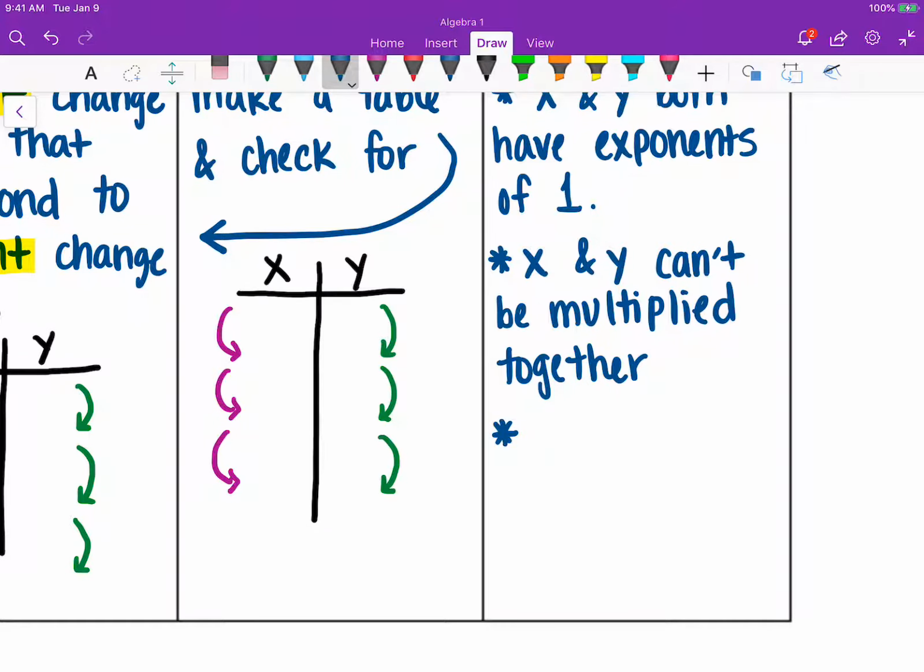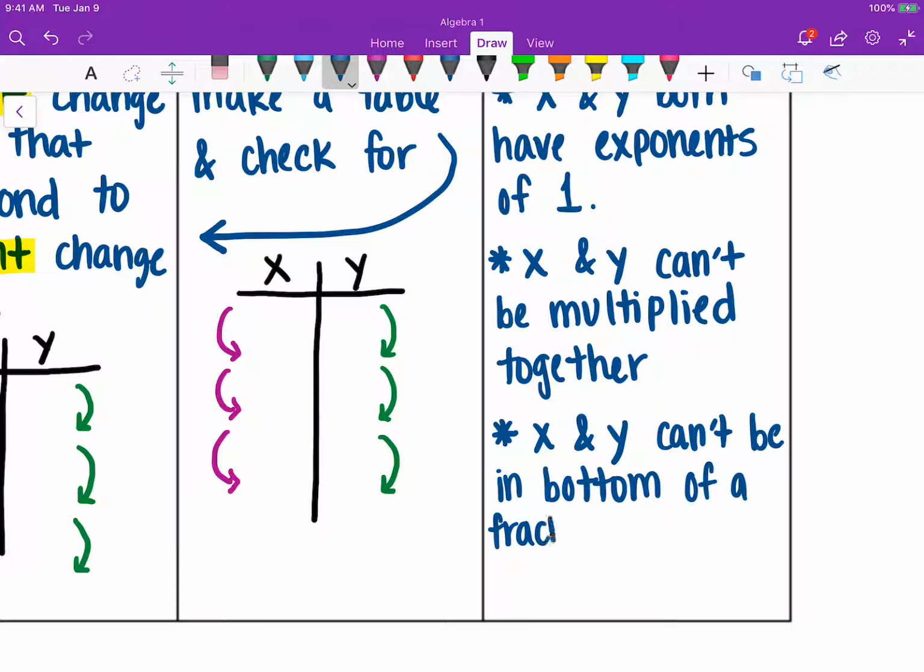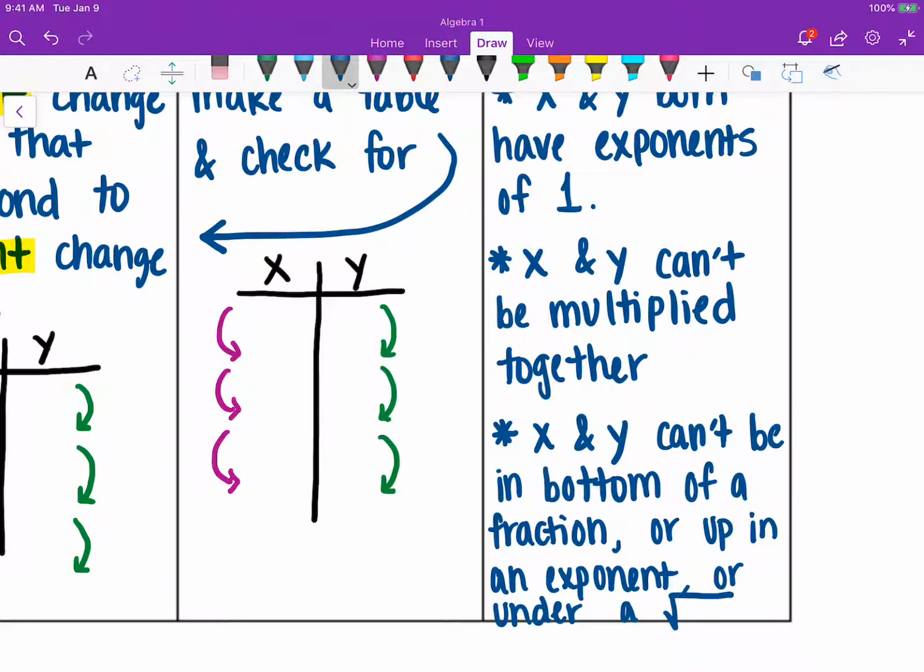And then one more thing that has to happen is that X and Y can't be in the bottom of a fraction, or up in an exponent, or under a radical sign, like that.